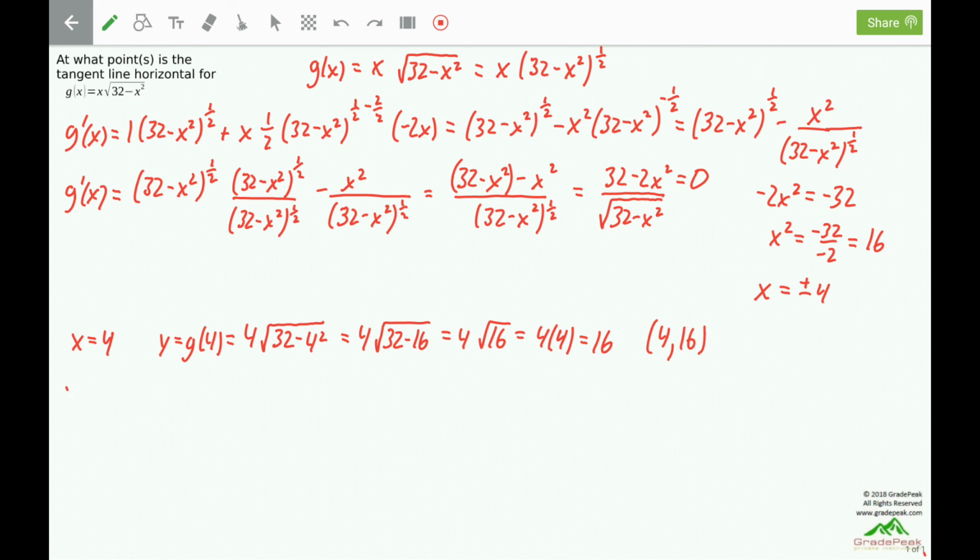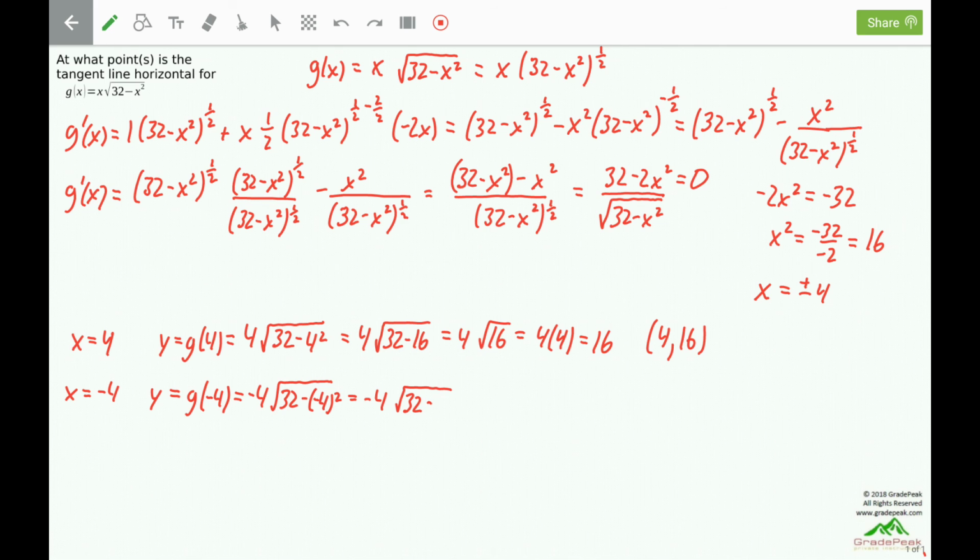Now we also had an x coordinate of negative 4. So the corresponding y coordinate will be: plug that negative 4 in for the x's in g, negative 4, and then the square root of 32 minus a negative 4 squared. So we will have a negative 4 times the square root of 32 minus, that's negative 4 quantity squared.